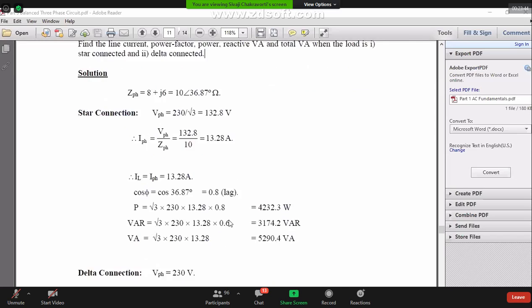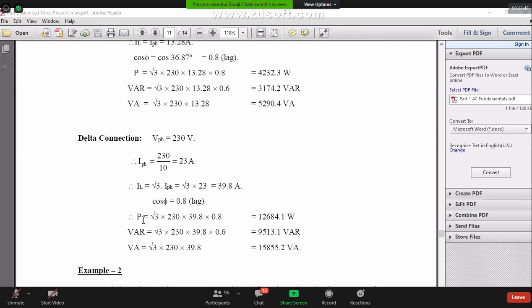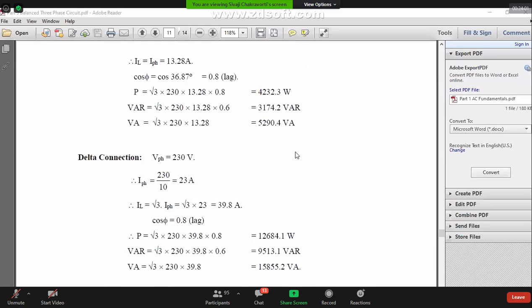What is line current? In delta connection, line current is √3 times the phase current. So you get the line current, which is 39.8 ampere. Power factor remains the same. Why? Because the impedance has not changed. So power factor remains the same, that is cosine of 36.87 degree.